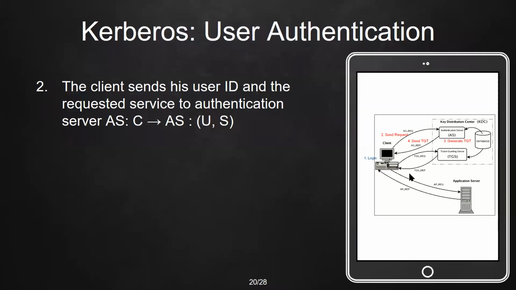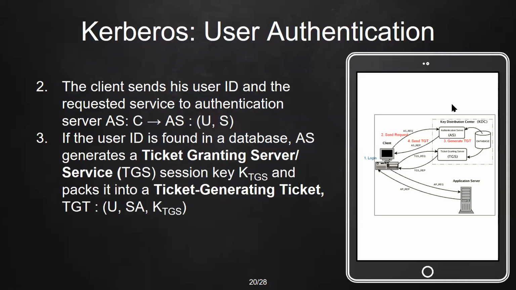Next, the client sends the user ID. It's not hashed, it's not encrypted, it's in plain text, to the authentication server, which is the single sign-on server. Then this ID will be checked.